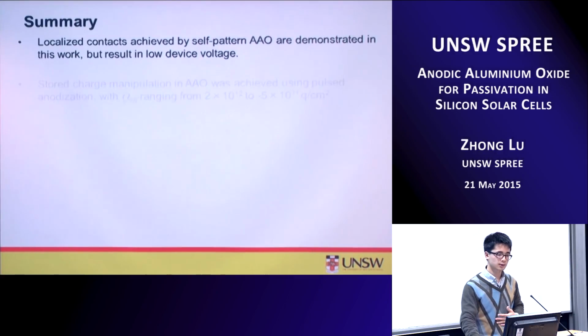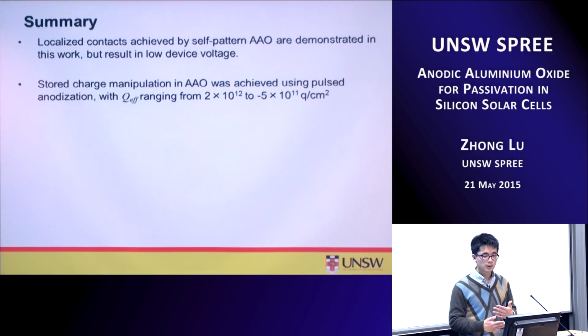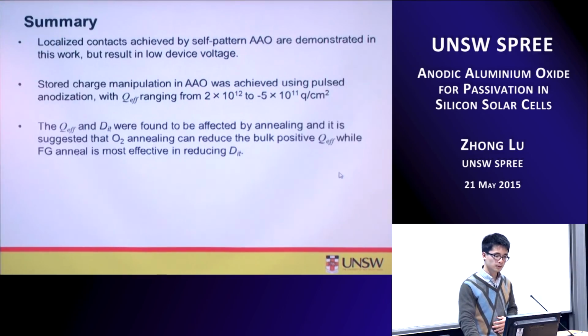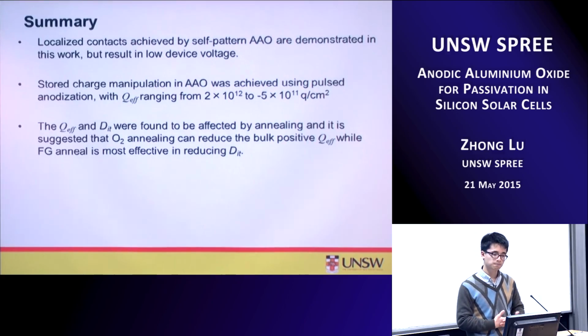So we started to look at a method to manipulate the store charge, and it is demonstrated that the store charge in AO can be manipulated by pulse anodization, and the range that we achieve varies from 2E12 to minus 5E11. It is also reported in my research that annealing can have a significant impact on both the store charge and the interface defects.